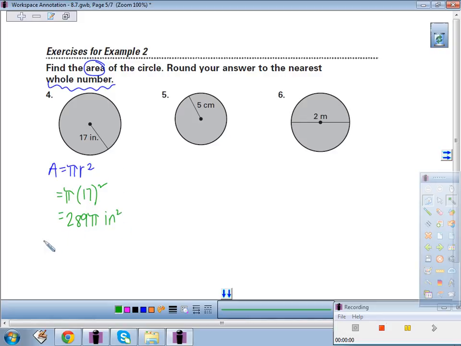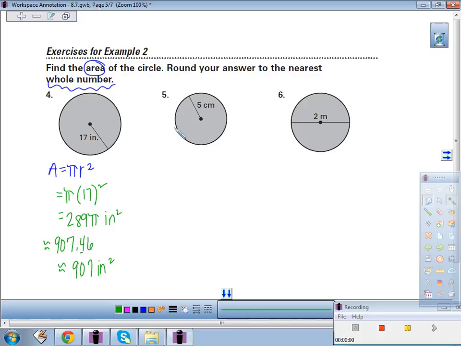If I want you to round to the nearest whole number, you would just type in 289 times 3.14, and we're going to get 907.46. Since this number is not 5 or above, we will round to 907. And we're talking about square inches for this.